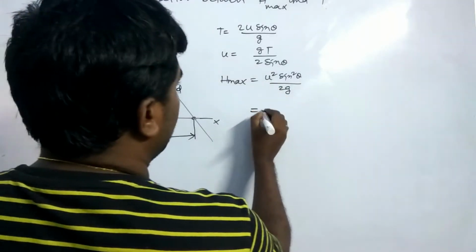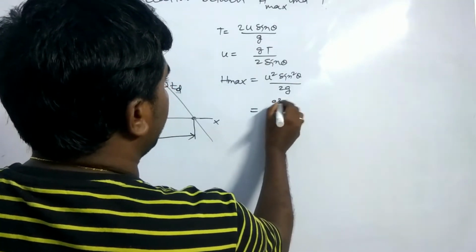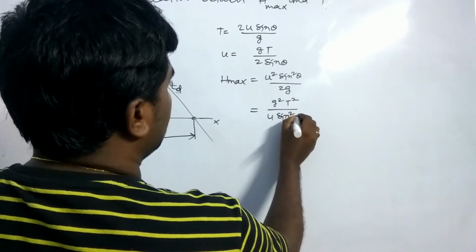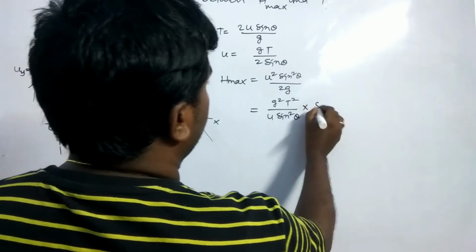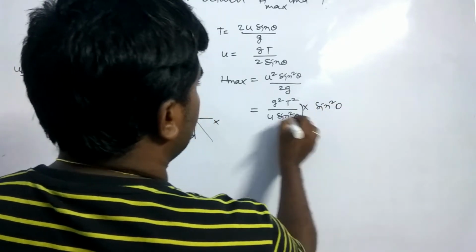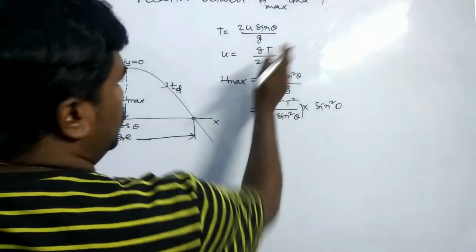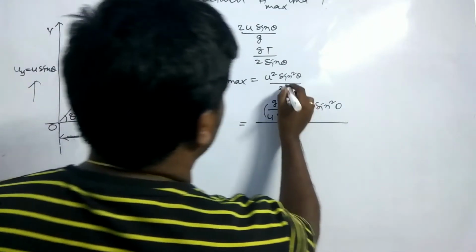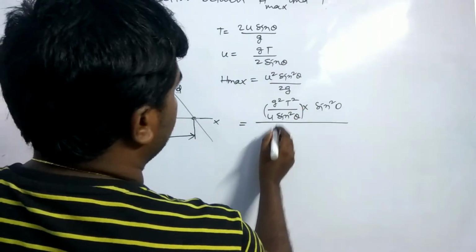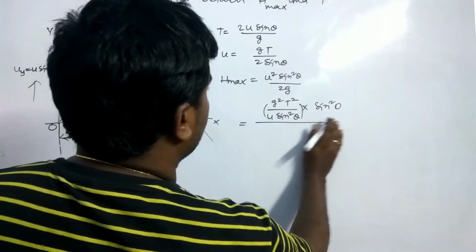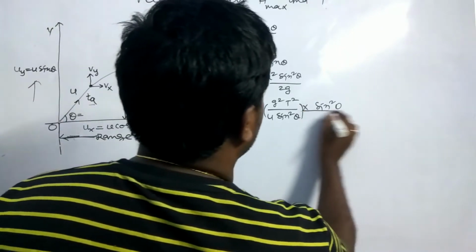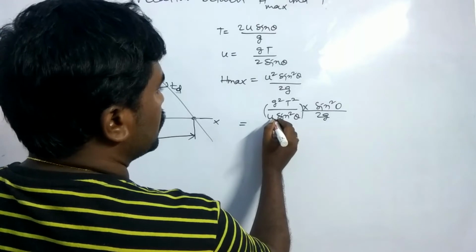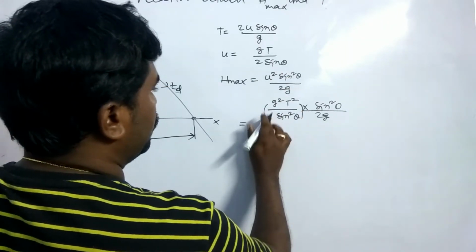Let us substitute here. U square is g square T square by 4 sin square theta, into sin square theta, divided by 2g.